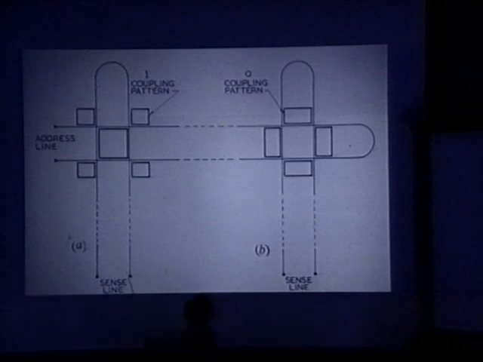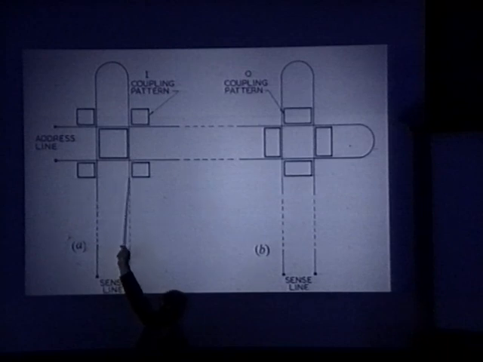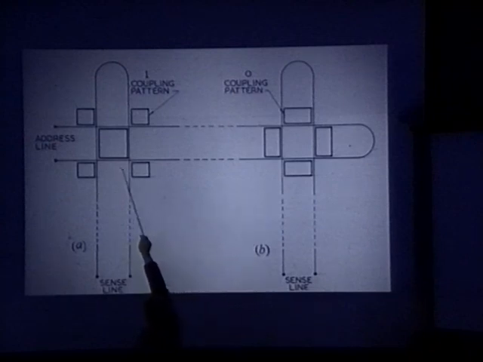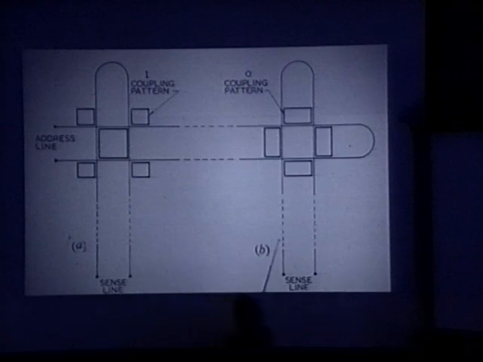Now, think of the operation of this device as the address line inducing eddy currents into these copper loops, and depending on the placement of the copper loops, you get either a positive signal or a negative signal.